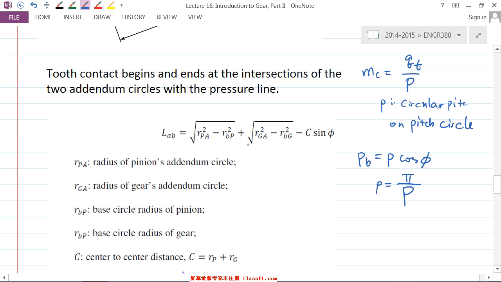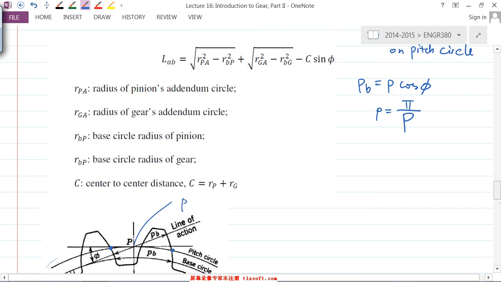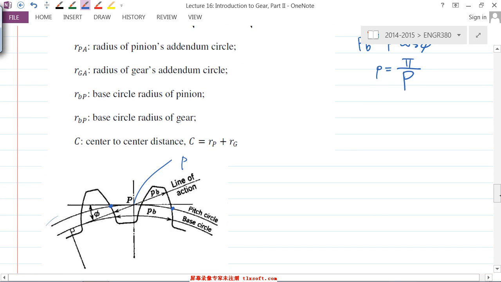So what does contact ratio tell us? In the early stage, when the design is not that perfect, generally every time you only have one pair of teeth coming in contact with each other. That basically means the contact ratio is just 1.